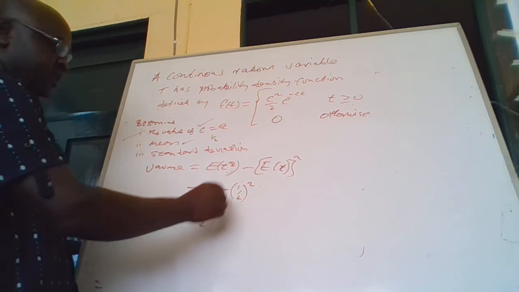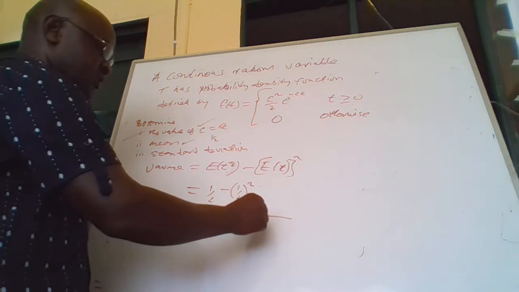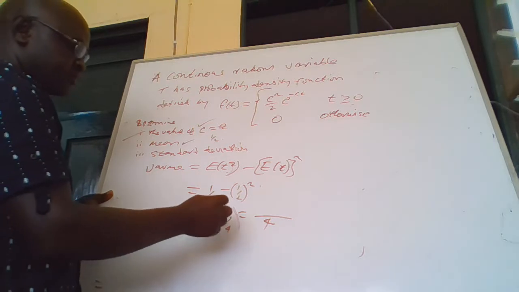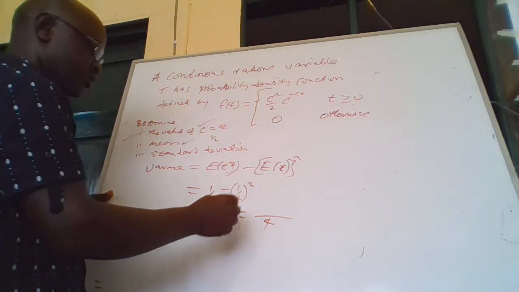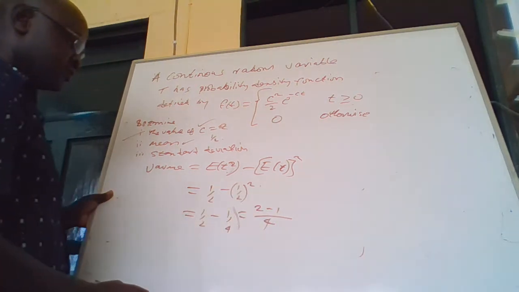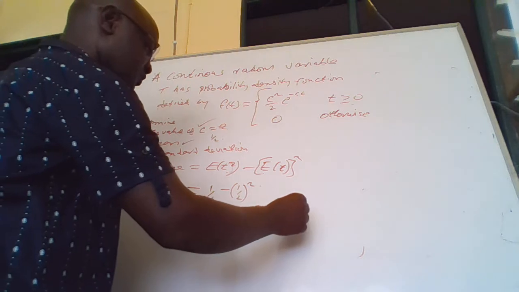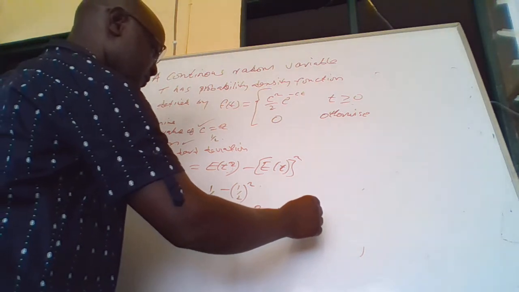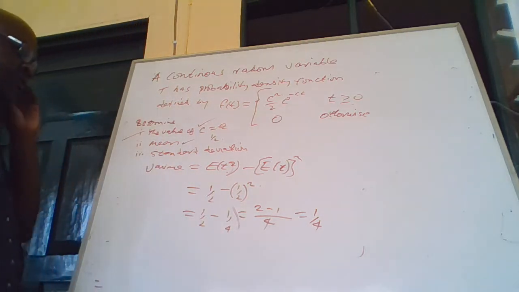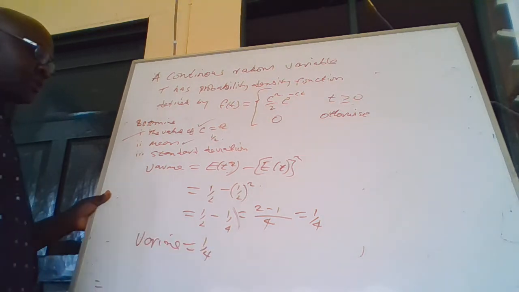So this equals a half minus 1 all over 4, which equals, the LCM is 4, so we have 2 minus 1, so this equals 1 all over 4. So variance equals 1 all over 4.